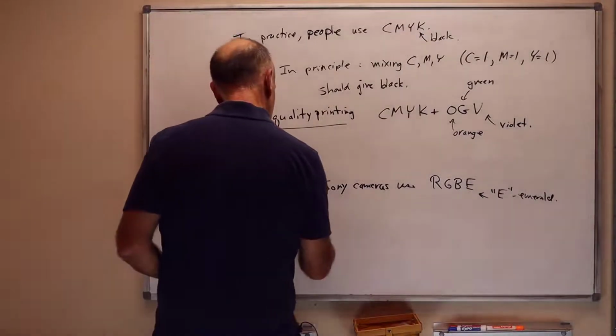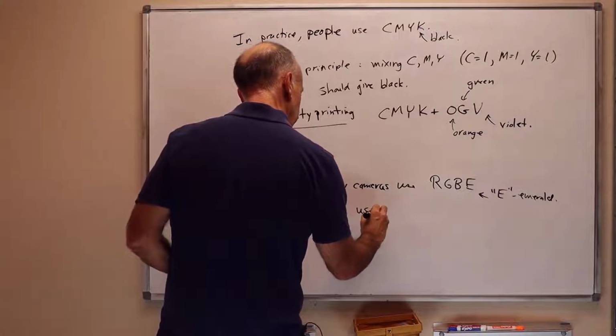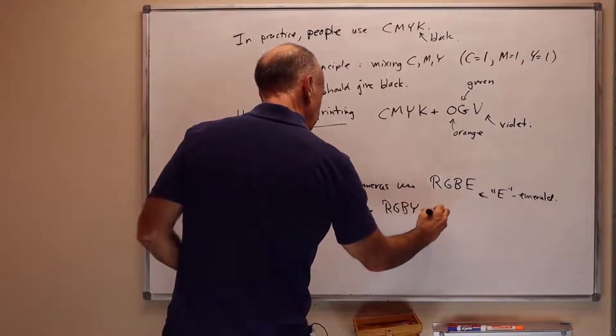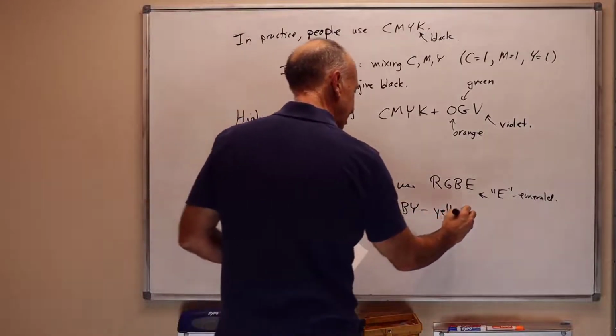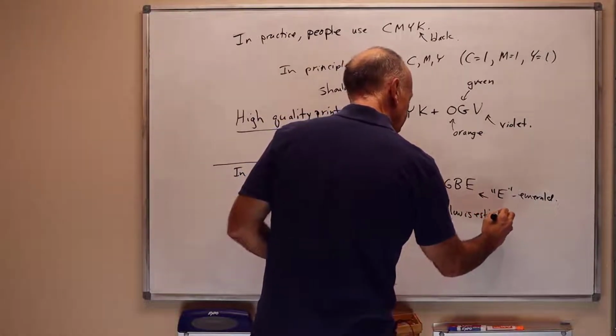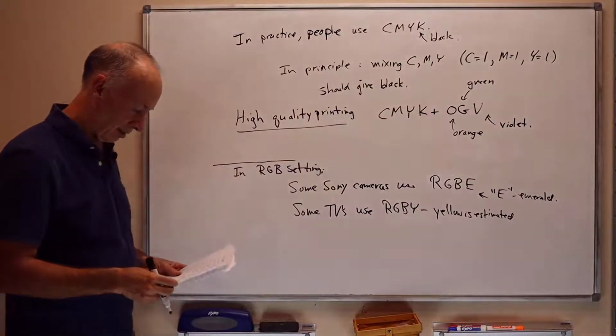Some TVs use RGBY, where yellow is added in. The yellow here is actually just estimated when it's displayed on the TV, because there are no broadcast colors for it.